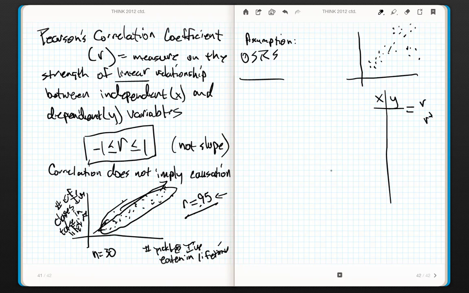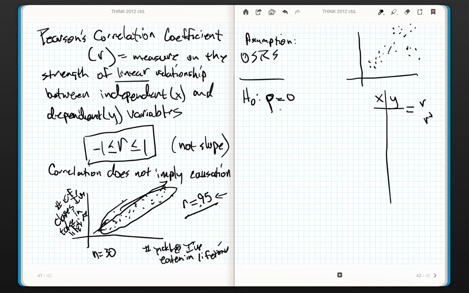Now, let me just give you the terminology here, because there's really not a whole lot to this. The null hypothesis for testing whether there is a linear relationship between variables is this. This is a rho, it's not a P. It's a badly drawn lowercase Greek rho.